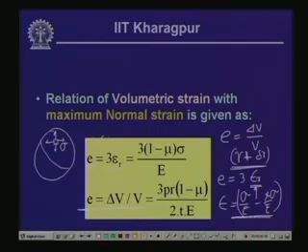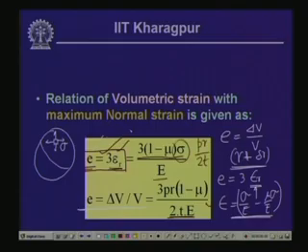So, this becomes epsilon equals (1 minus mu) by E times sigma, and this is what has been substituted over here, 3 into (1 minus mu) sigma by E. So, this is 3 epsilon r, and sigma being P r by twice T, if we substitute that, then E becomes 3 P r into (1 minus mu) by 2 T E. So, basically the relation between the volumetric strain and the normal strain is E equals 3 times epsilon r.